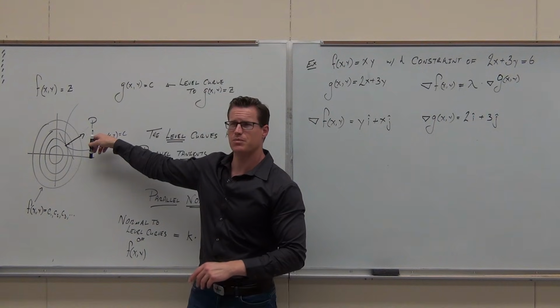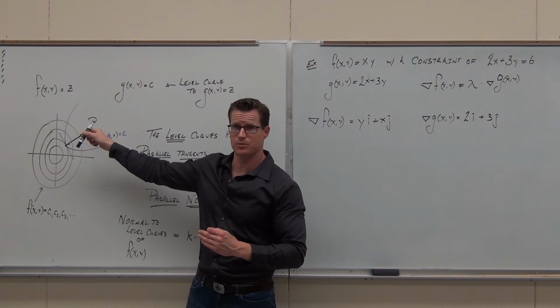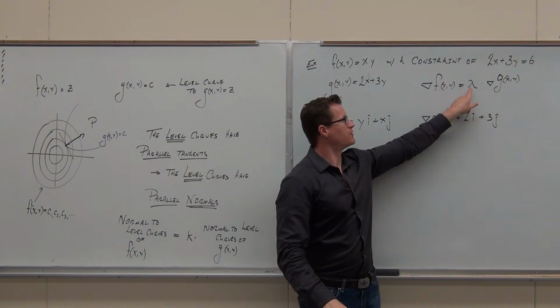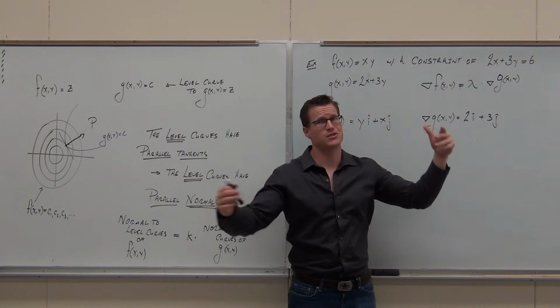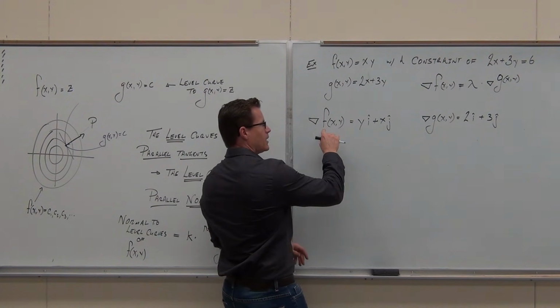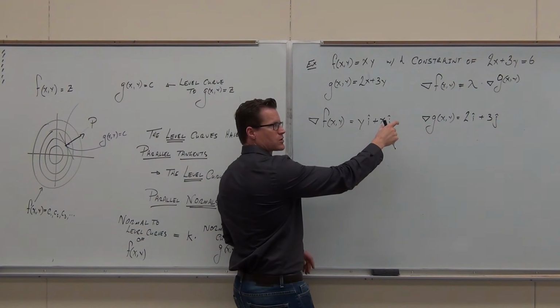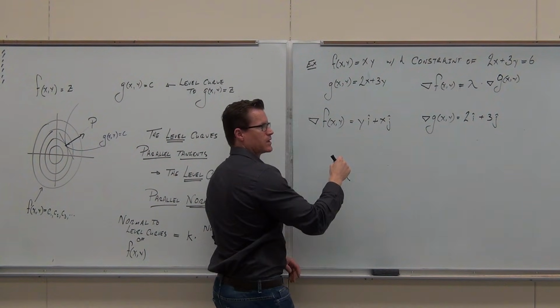What we're looking for is the place where they're equal, or at least scalar multiples. That's what this says. Find the scalar multiple, and we've solved the problem. Does that make sense? So now the gradient of f is equal to lambda, the Lagrange multiplier, times the gradient of g.